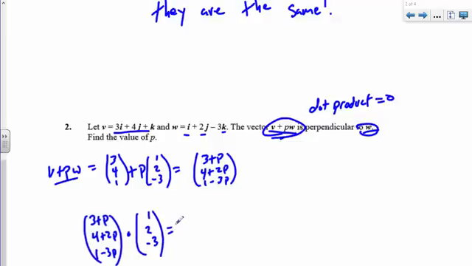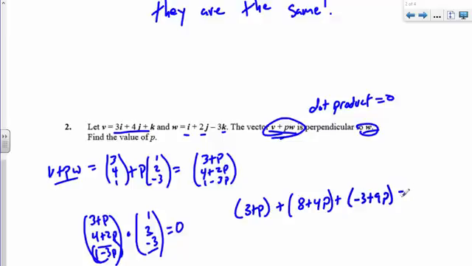This dot product should equal 0. So we got this times this, which is 3 plus p. And then this times this, which will be 8 plus 4p. And then negative 3 times this, which is going to be negative 3 plus 9p. All this is equal to 0 if you add it all together.